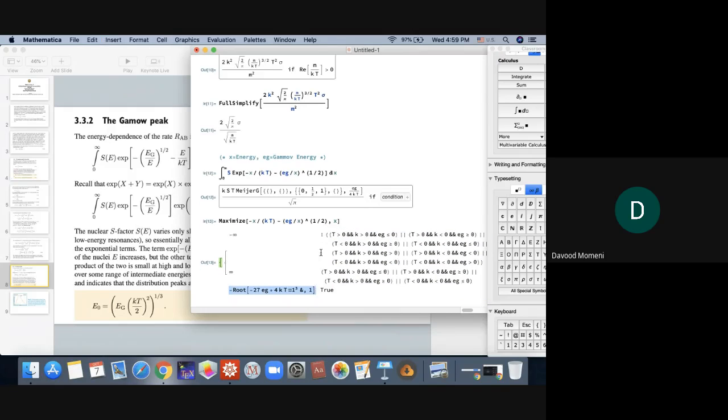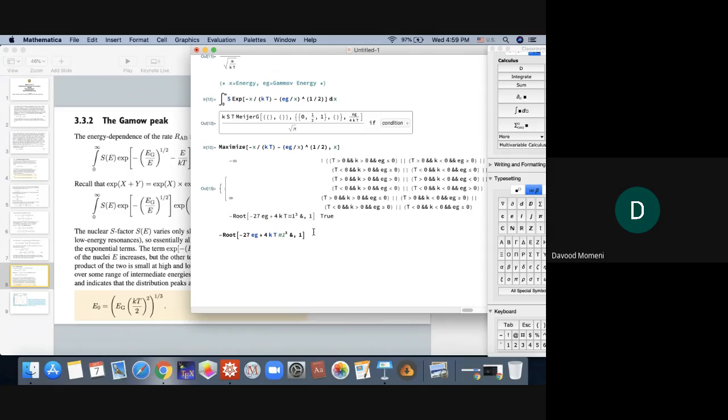You just copy this here. It means that you have to solve this equation and times -1. It gives you x.